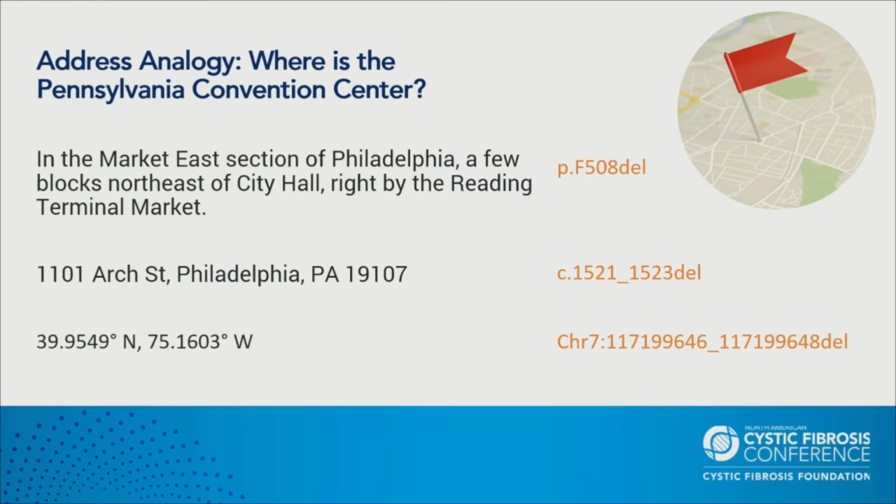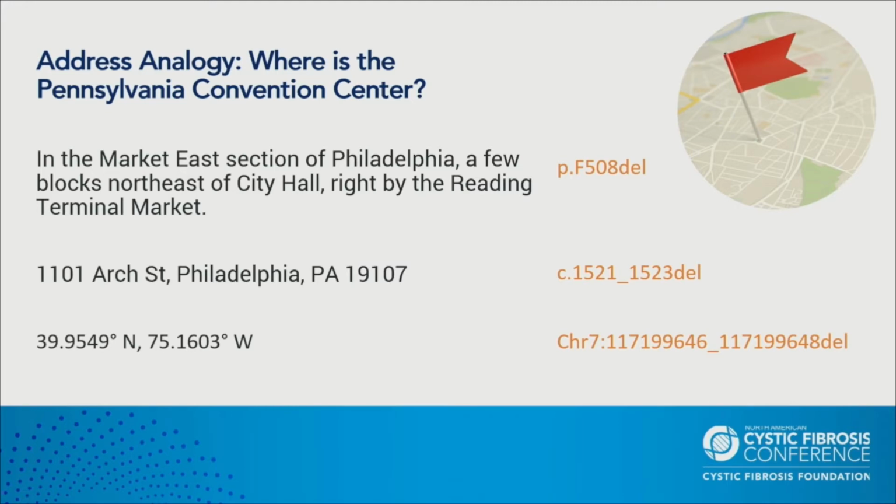And so that's really important when we talk about testing, taking a test report and trying to, for example, test other people in the family for it or facilitate fetal testing. The laboratory needs to have that precise coordinate to ensure that they are going to test the exact region.